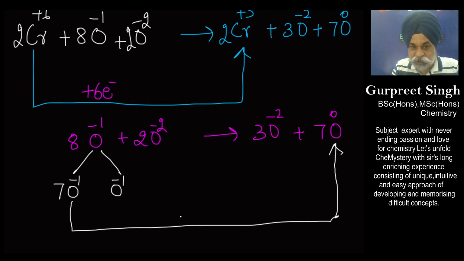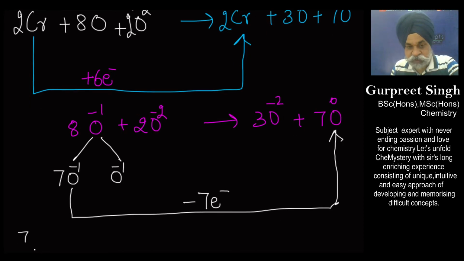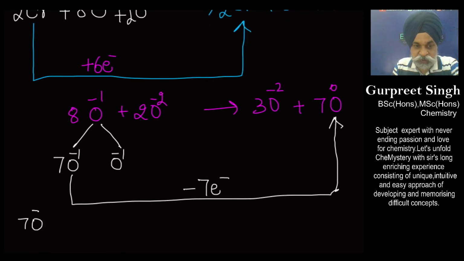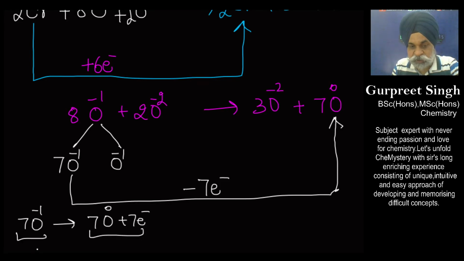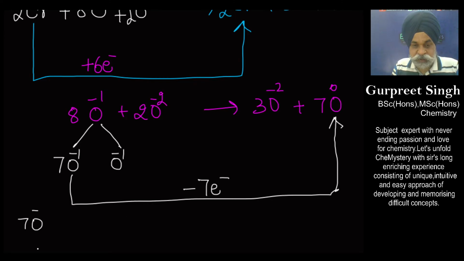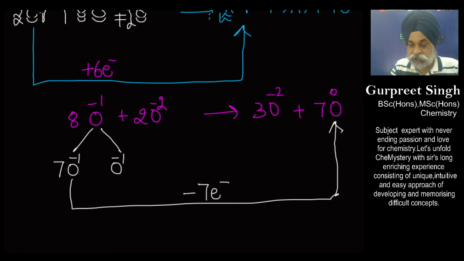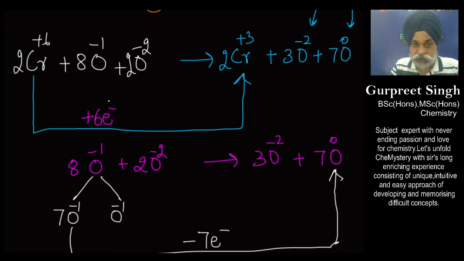It has lost 7 electrons, because 7 oxygens of -1 going to 7 oxygens of 0 means they have lost 7 electrons. Then only the charge balancing is there along with the atomic balancing. So somebody has lost 7 electrons. Now some species have to gain those 7 electrons. 6 are already being gained by chromium 6+.